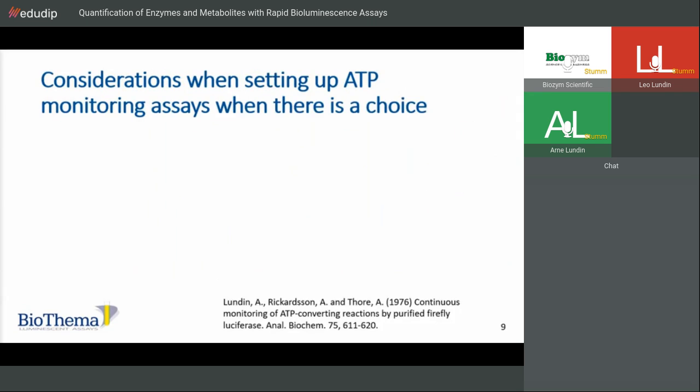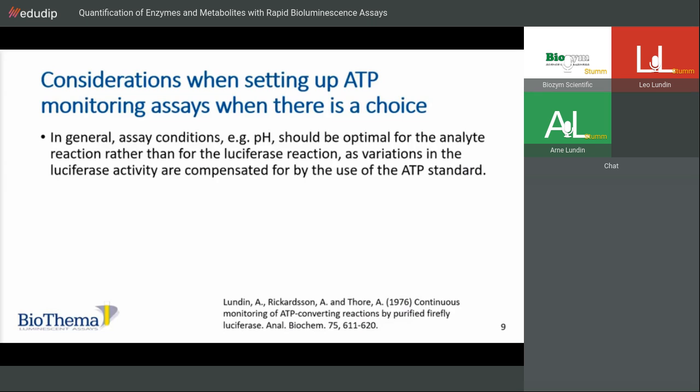There are some considerations when setting up ATP monitoring assays when there is a choice. In general, assay conditions, for example pH, should be optimal for the adenylate reaction rather than for the luciferase reaction, as variations in the luciferase activity are compensated for by the use of the ATP standard.